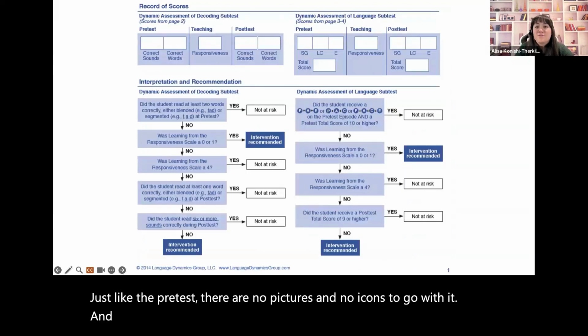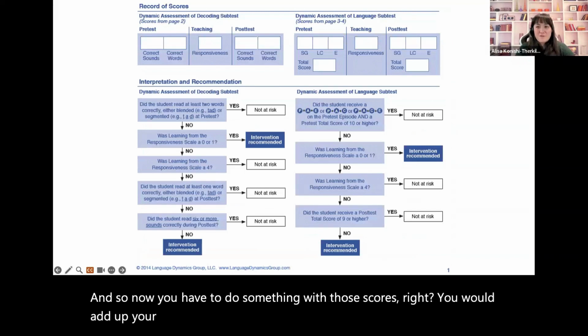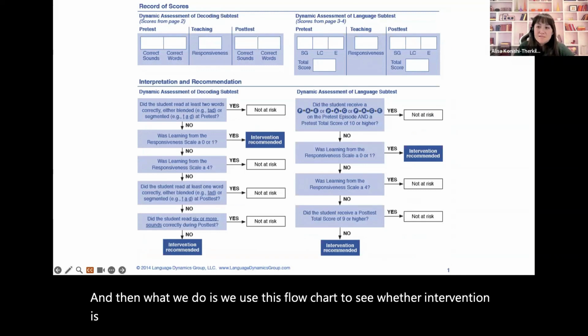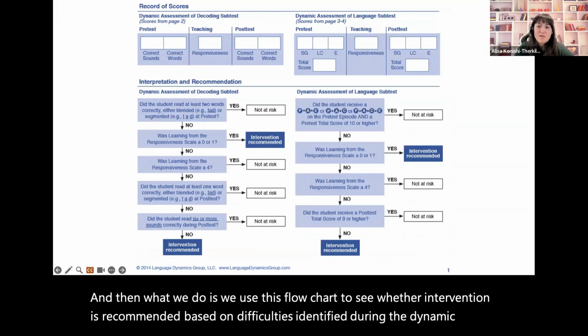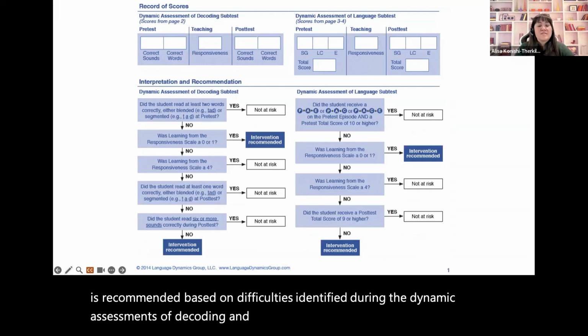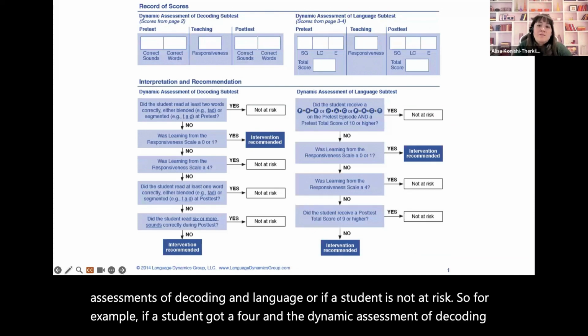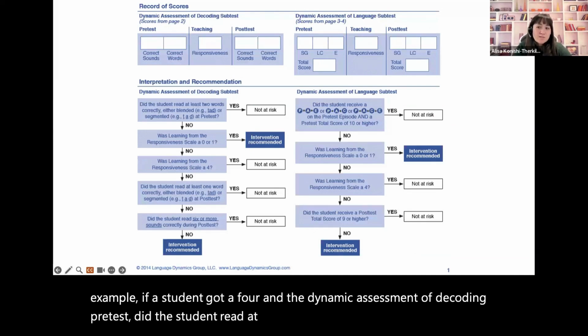And so now you have to do something with those scores, right? You would add up your scores and put them here. And then what we do is we use this flow chart to see whether intervention is recommended based on difficulties identified during the dynamic assessments of decoding and language, or if a student is not at risk. So for example, if a student got a 4 on the dynamic assessment of decoding pretest, did the student read at least 2 words correctly, blended or segmented?